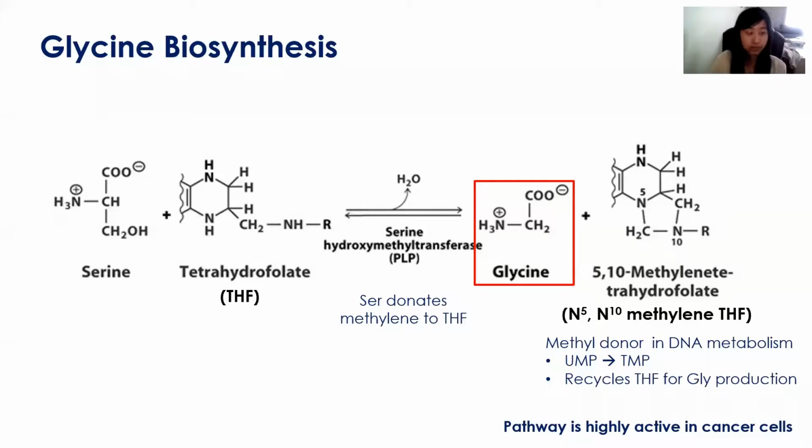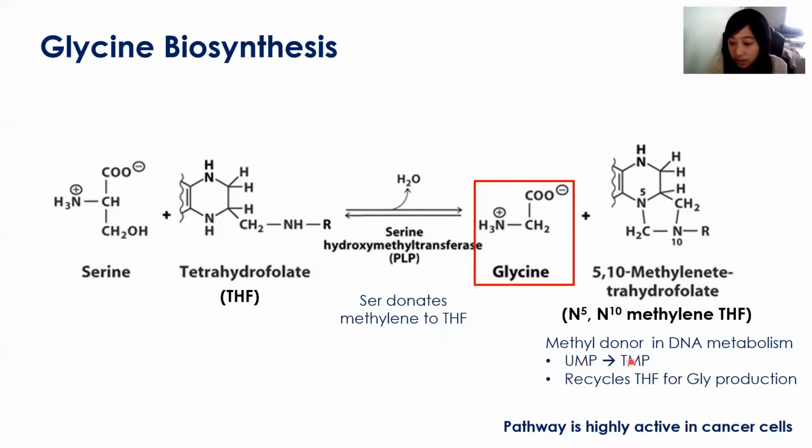Now onto glycine biosynthesis. So here serine reacts with THF and transfers a methylene group onto THF in order to produce glycine and methylene THF. So interestingly, methylene THF is a great methyl donor in DNA metabolism and can convert UMP to TMP.